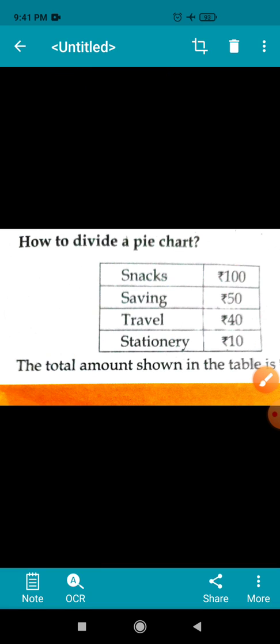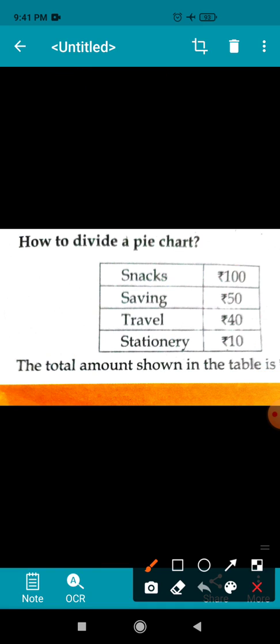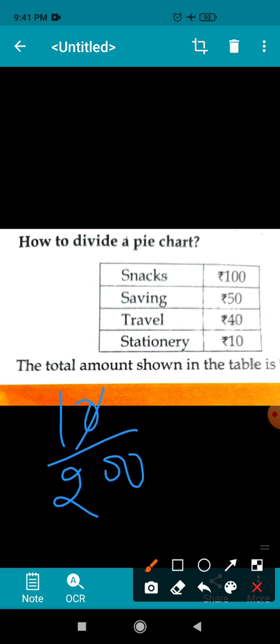And the last, 10 upon 200. Ones place has 0, ones place has 0, 1 upon 20. It means 1 upon 20 part of the circle will show money spent on stationery.